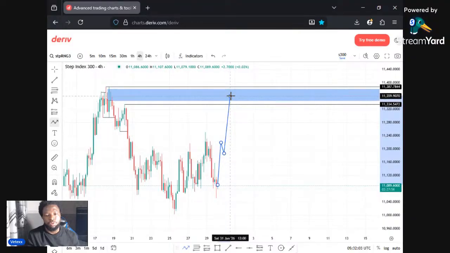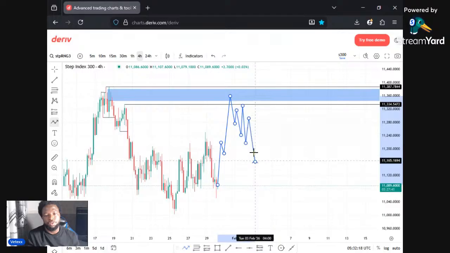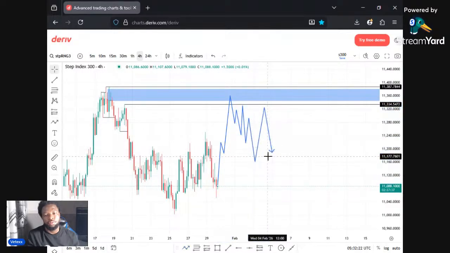Price to tap into this zone, and then give us continuation on the 15 minute time frame. Then we can start taking trades to the opposite direction. So this is what we anticipate.